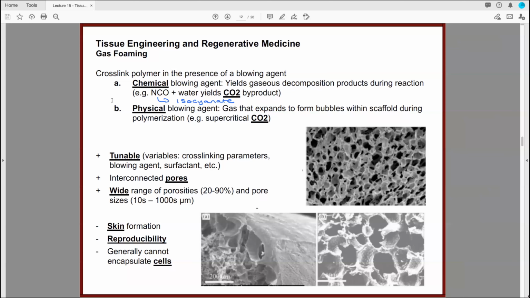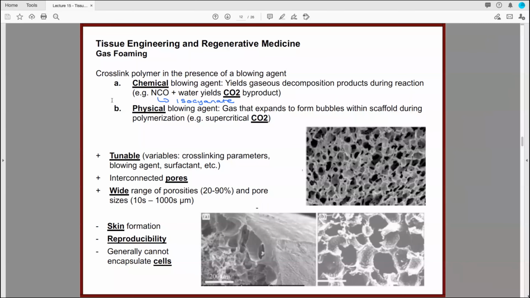We can also add a physical blowing agent, a gas like carbon dioxide. In this form, it's supercritical, so it would be a solution, a liquid of carbon dioxide. As that gas expands, it forms bubbles within that scaffold, and it does that during polymerization, which again leads to the creation of these pores.